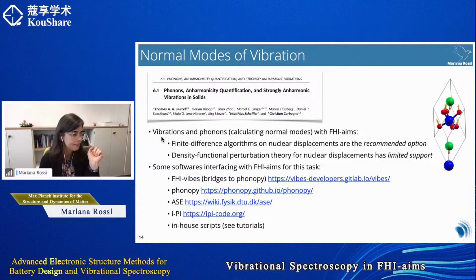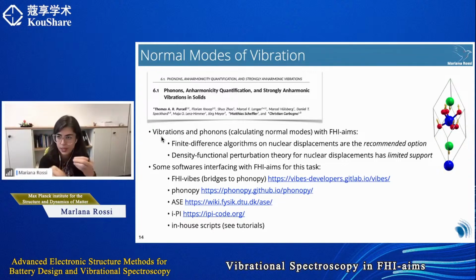And I would like to say a couple of things about how to calculate this in FHI-aims. In the code right now, we recommend you to do finite difference algorithms for phonons instead of density functional perturbation theory, because the density functional perturbation theory implementation in the code at the moment for nuclear displacements, the ones that could give you the dynamical matrix, the Hessian, and so on, has limited support.